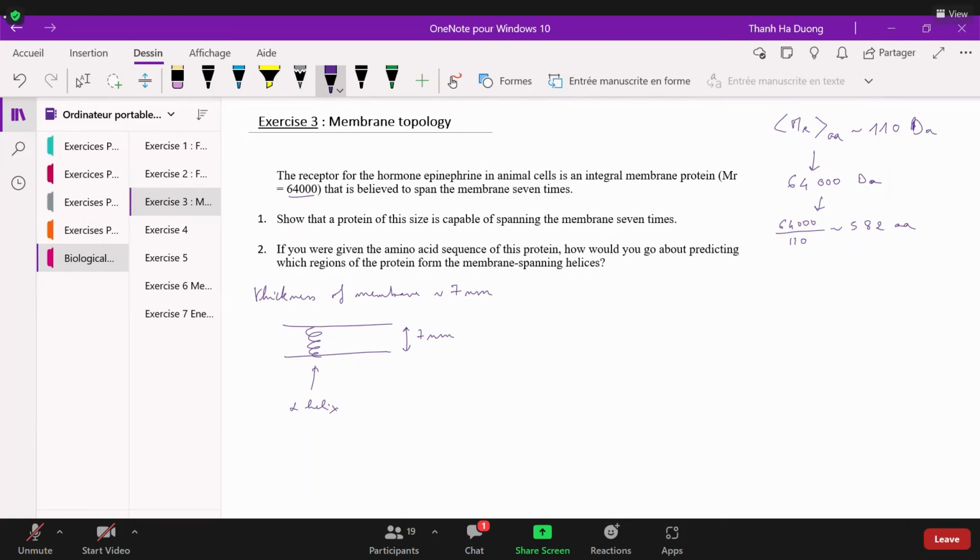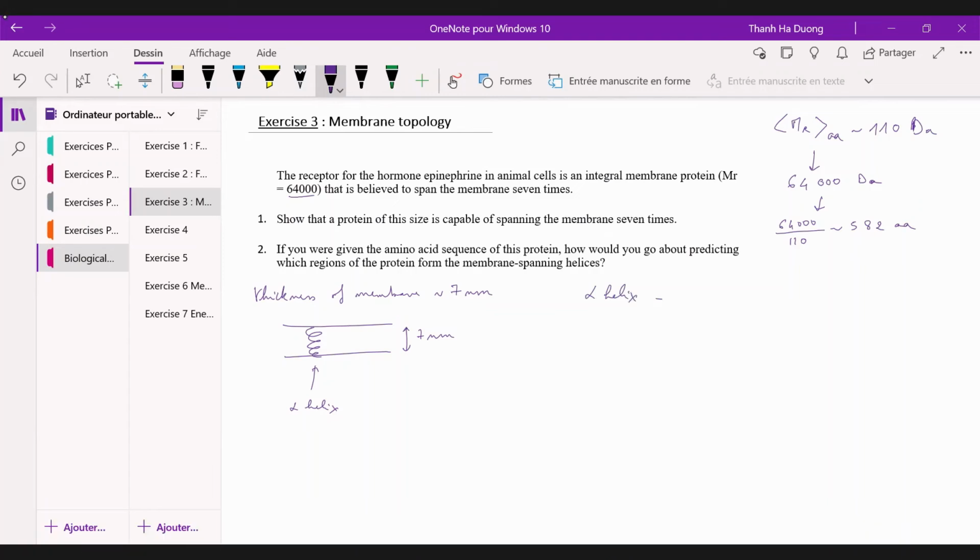Yes. And do you remember the characteristics of the alpha helix? How many amino acids do you have per turn? 3.6, correct. And what is the height of the turn? 5.4 angstrom. Yes, 5.4 angstrom.